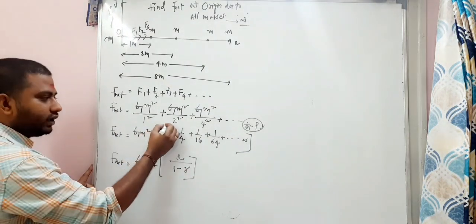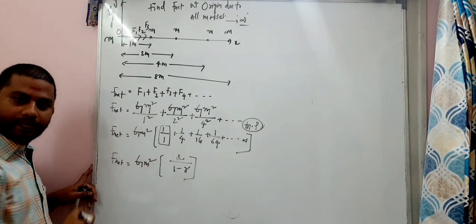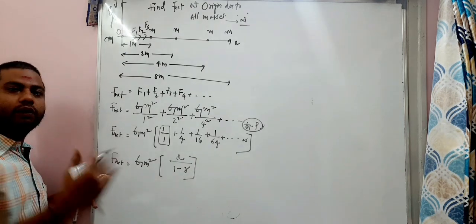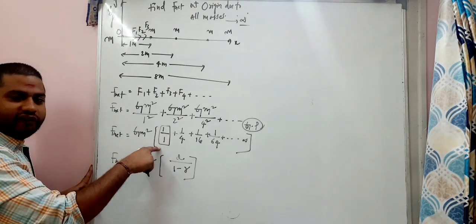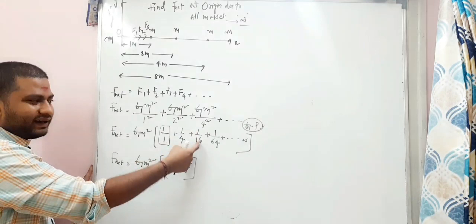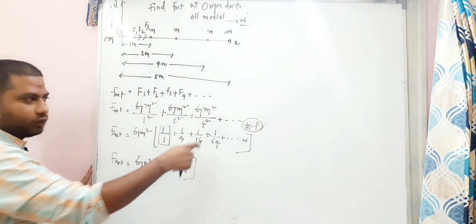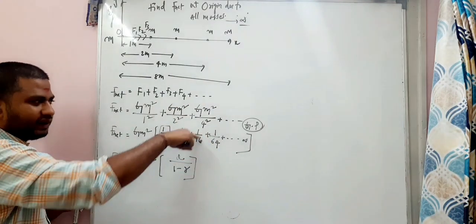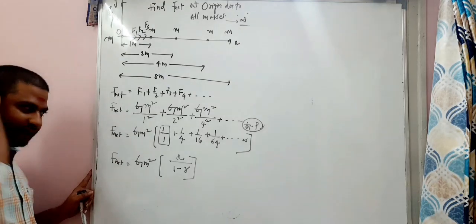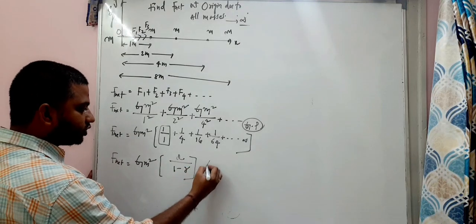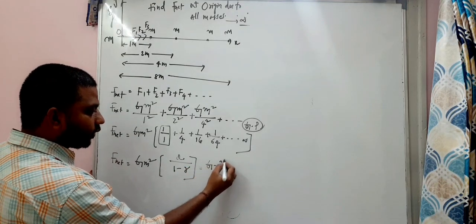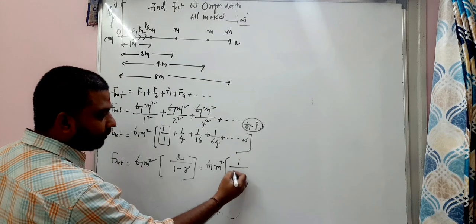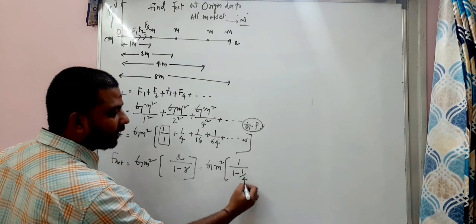A is the first term. R is the common ratio: 1 by 4 by 1 is 1 by 4, 1 by 16 by 1 by 4 is 1 by 4, 1 by 64 by 1 by 16 is 1 by 4. Understand? So G into M square into 1 by 1 minus 1 by 4.